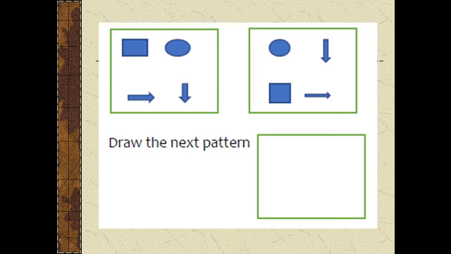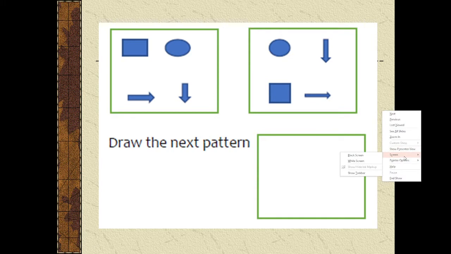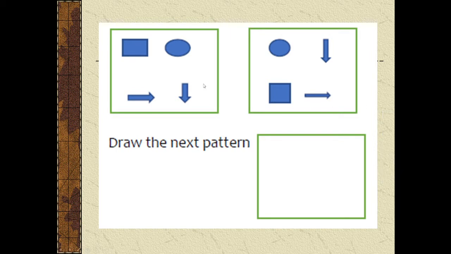Like for example, kini siya. What could be the next figure here? Asa ka ni mabutang ang circle? Top left, top right, bottom left, bottom right. Bottom left. So the bottom left is over here.